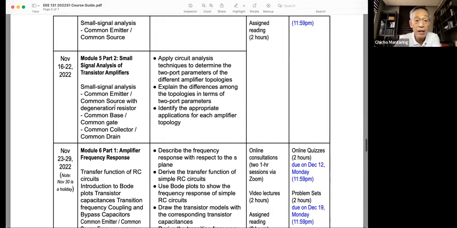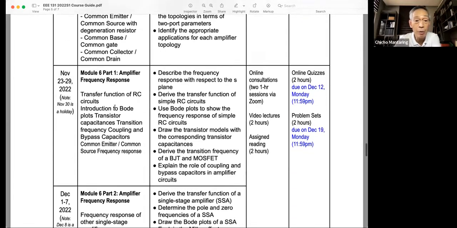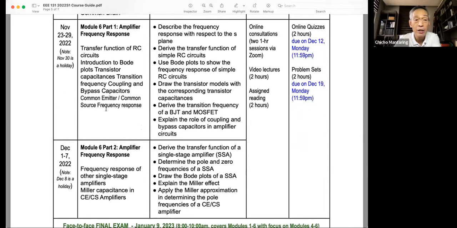And finally, the last module, which is module 6, you're going to study the frequency response of amplifiers. You don't expect amplifiers to be able to amplify all possible signal frequencies uniformly.